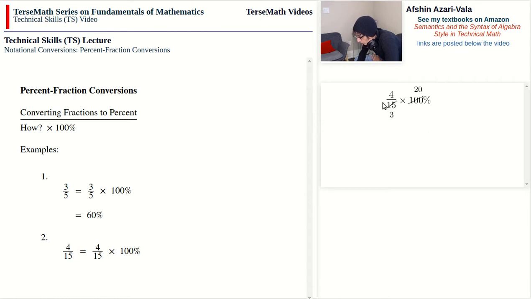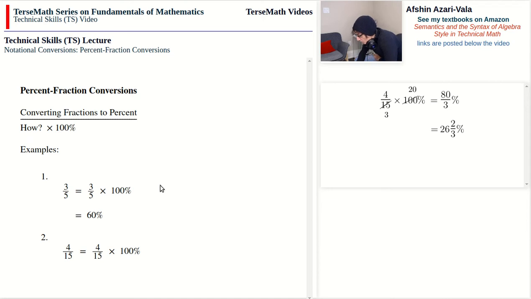We continue with the multiplication. 4 times 20 is 80, but we have to keep division by 3. So the next step is to write down 80/3%. And because 80/3 is an improper fraction, it's nice to convert that into a mixed number. I let you do the long division and you get 26 2/3%.